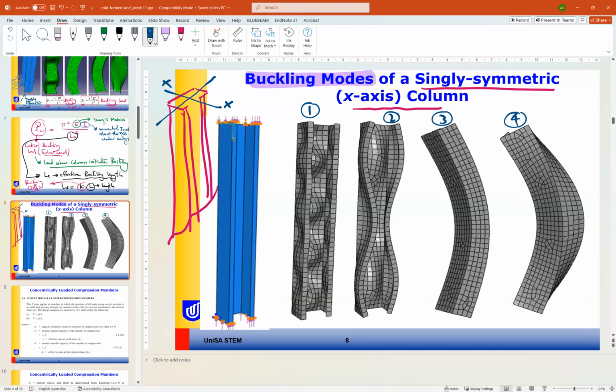As you can see, due to the shape of the cross-section geometry, we have different buckling modes compared to the previous one, but still the first one is local buckling, and these three are for global buckling.